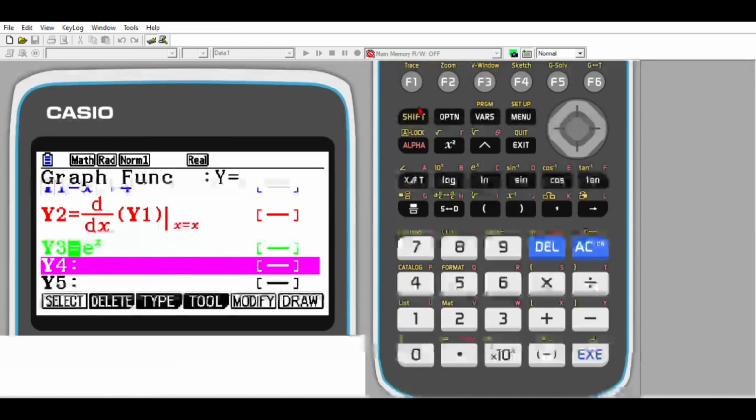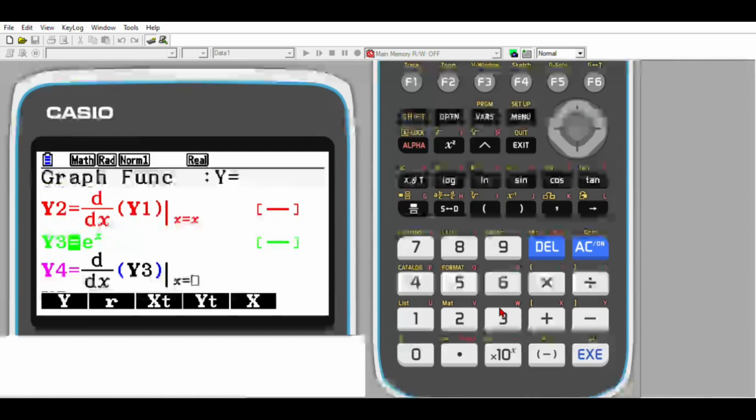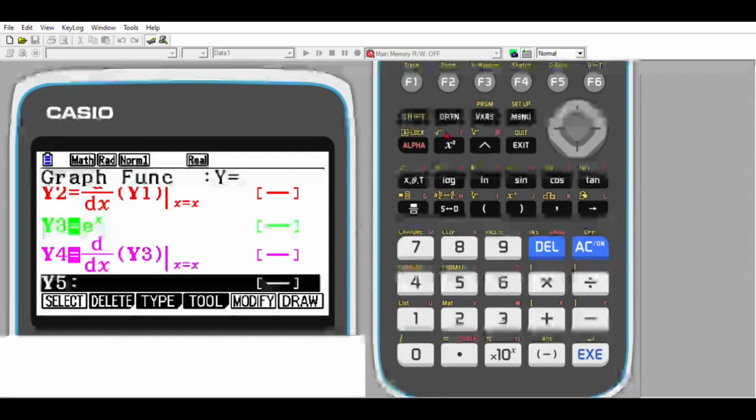So once again, we go to option, calc, first derivative. First derivative of, instead of writing e to the power of x, we can write y3, okay? And for x equals x once again. And pay attention to what will happen here. You need to look at this quickly because both lines will be drawn fast.